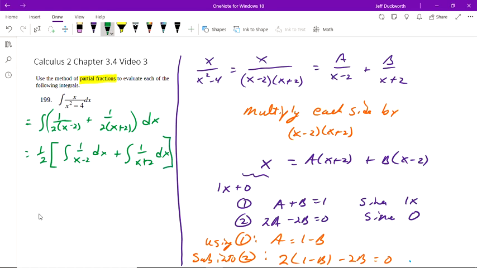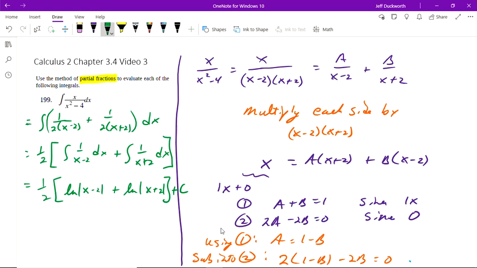Well, the u in each case will be what we have in the denominator. The du is just 1, and we're left with essentially the natural log. So 1/2, we have ln of the absolute value of x minus 2 plus ln of the absolute value of x plus 2, and then plus C. Using our rule of natural logs, I've got the sum of 2 natural logs.